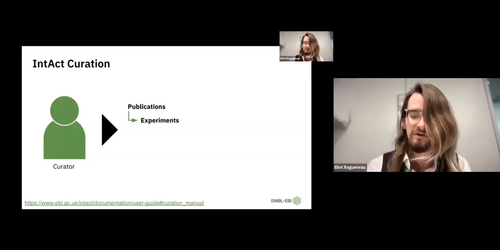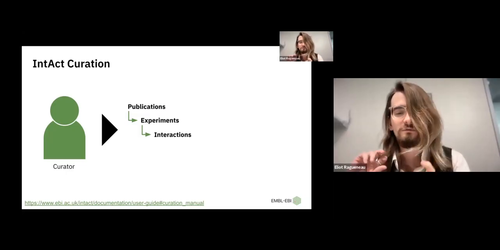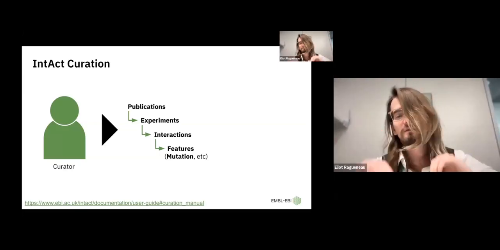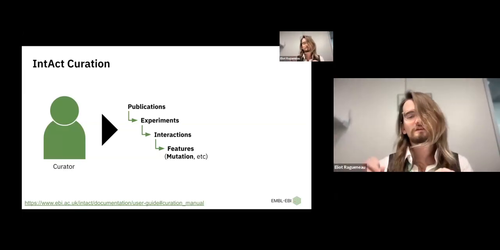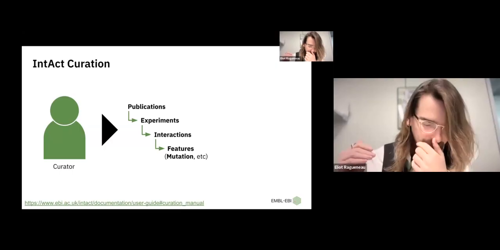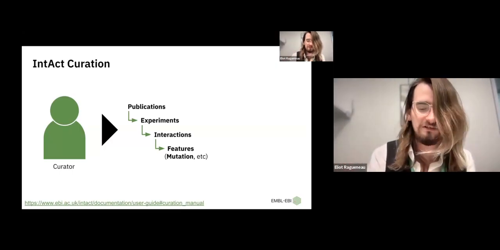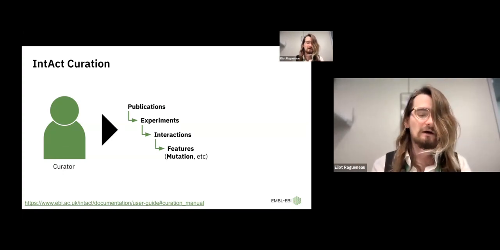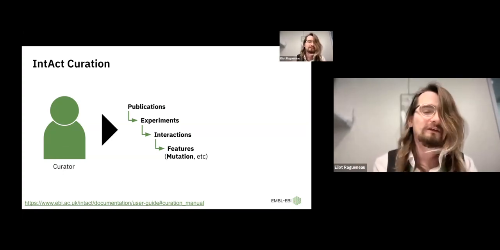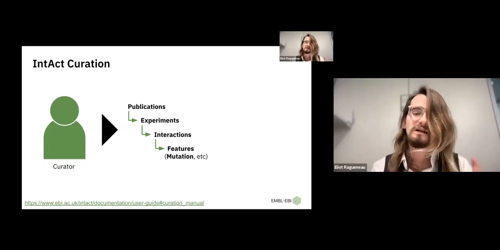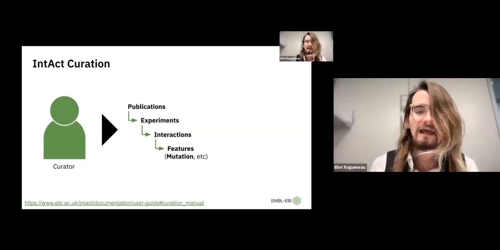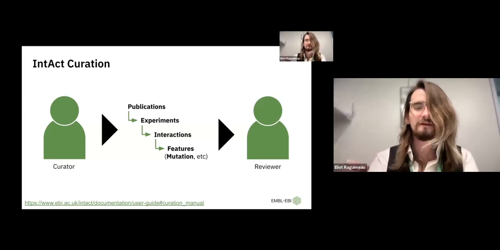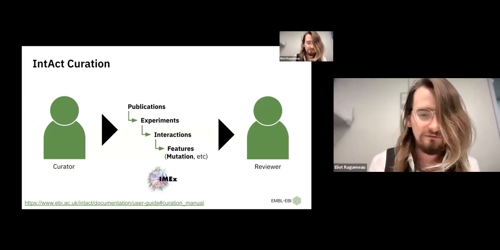Out of that, they extract the experiments and specifically which interactions involve which interactor, down to the level of features. For instance, among features, we have the mutation. If one of the participants of the interaction was mutated, then that information is recorded within the database. And then we also assess the impact of that mutation on the interaction. So we have really an in-depth data model, and that is all then validated by a reviewer afterwards. And upon approval, it is then released onto our database.